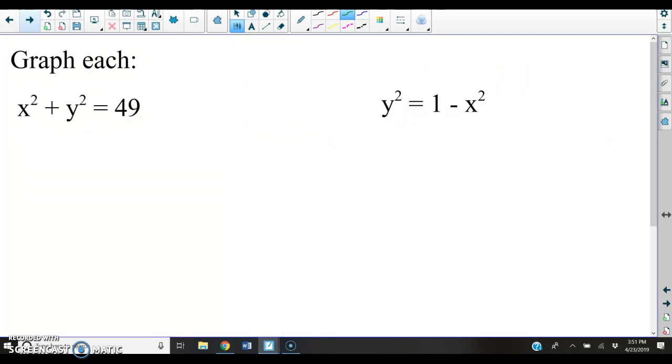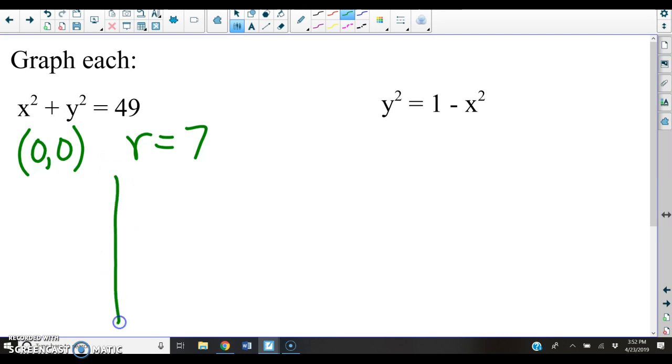Okay? So here we're asked to graph each. And what they're asking you to do is identify the center. So right now it's 0, 0 because nothing is added to x before it's squared. Likewise with y. 49 is the square of the radius, so make sure you square root that.